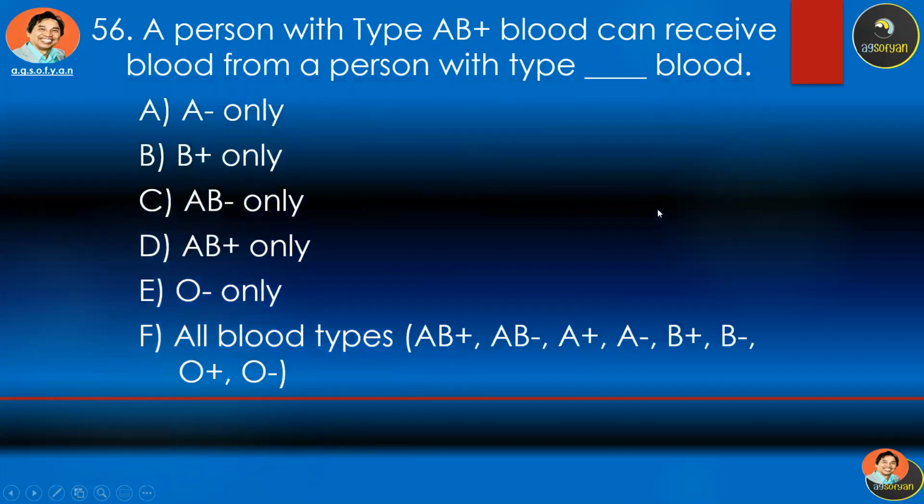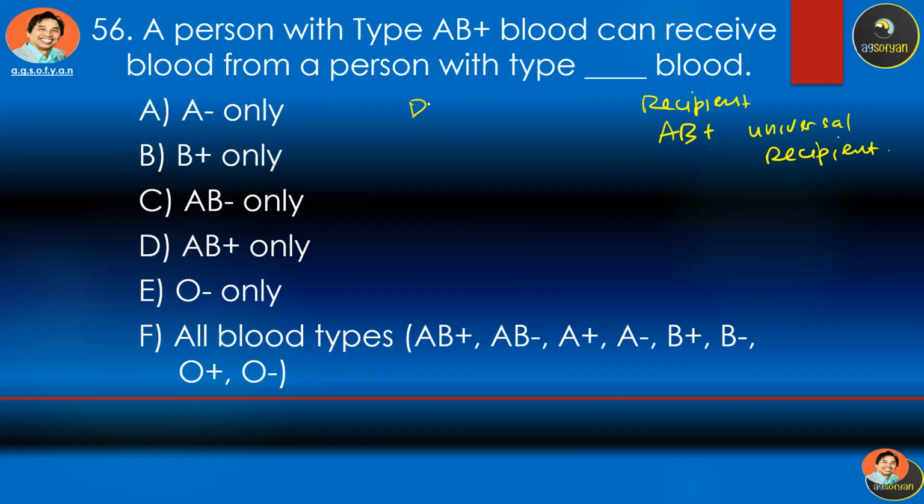A person with AB plus blood can receive blood from a person with type blank blood. So again, AB plus is the universal recipient. Remember, AB is a universal recipient, plus is also a universal recipient. So which donor can give to AB plus?